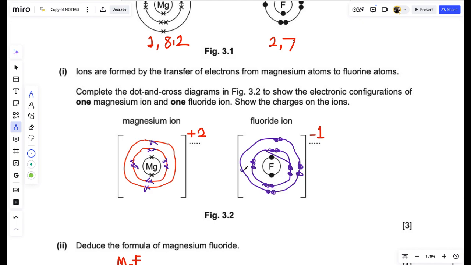So here we do only 7, and then we know this one will give 1 to this place.